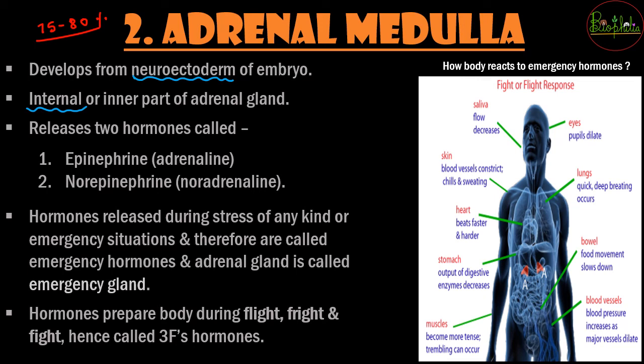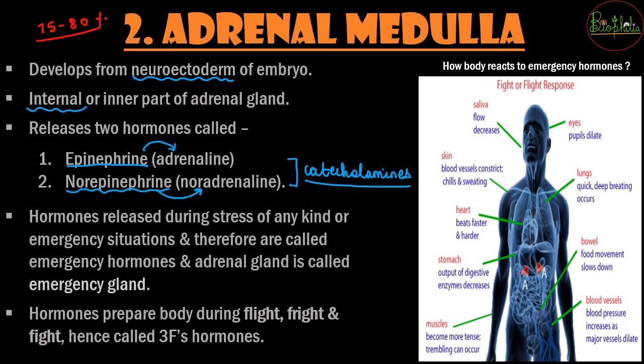They are epinephrine, or another name adrenaline, and norepinephrine, also called noradrenaline. When epinephrine and norepinephrine are combined together, they are called catecholamines. So catecholamines may be used as the name in a question, or epinephrine or norepinephrine are used, both mean the same, and catecholamines are nothing but the hormones released from the adrenal medulla.